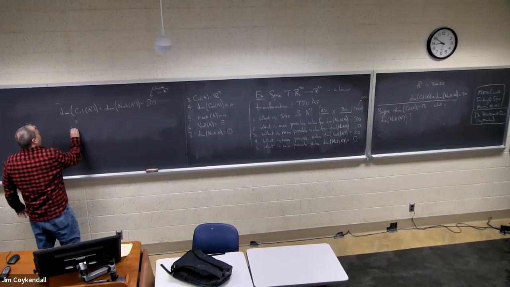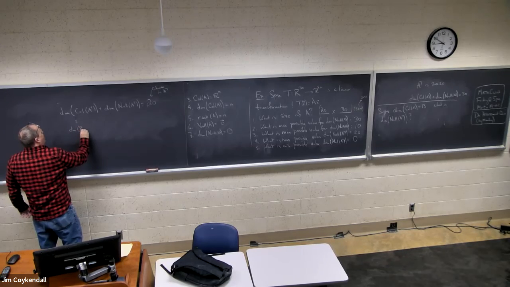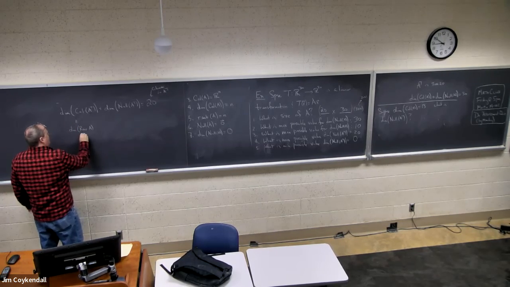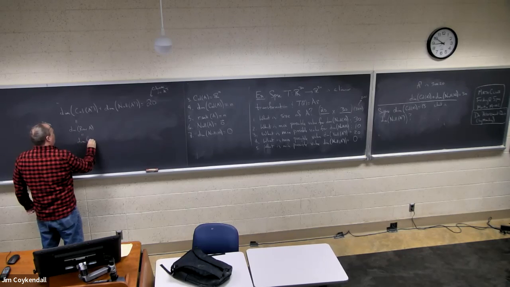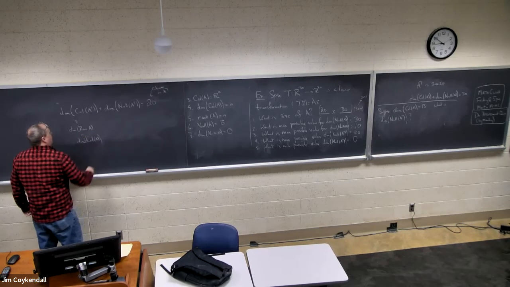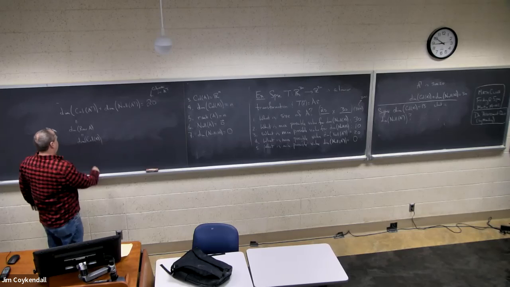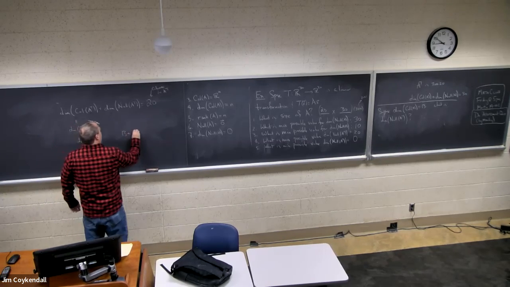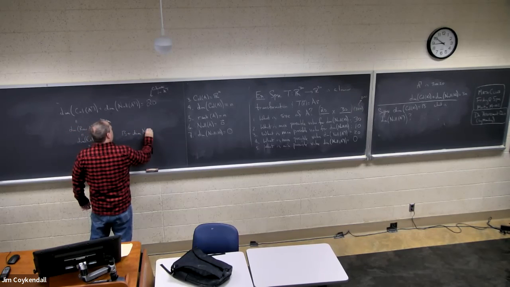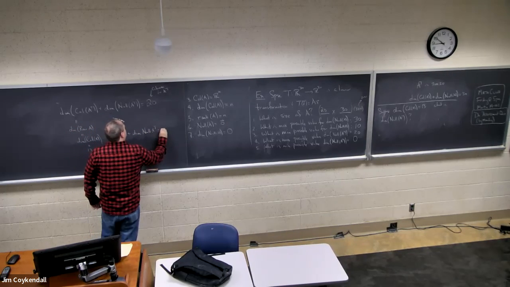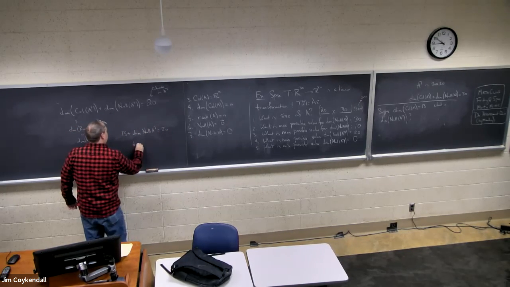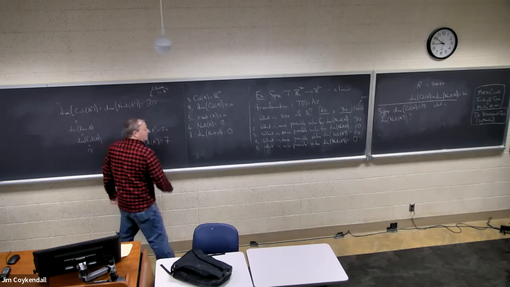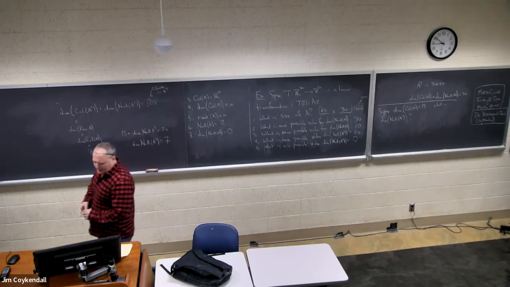This is equal to the dimension of the row space of A, which is the dimension of the column space, right? Which is 13. So what I get is 13 plus the dimension of null A^T is equal to 20. So the dimension of null A^T is 7. Okay, any questions on that?